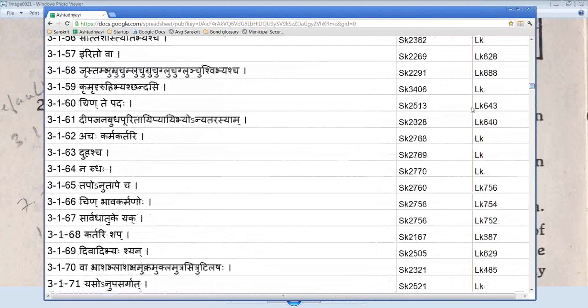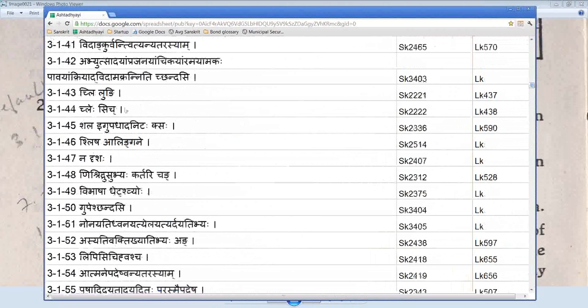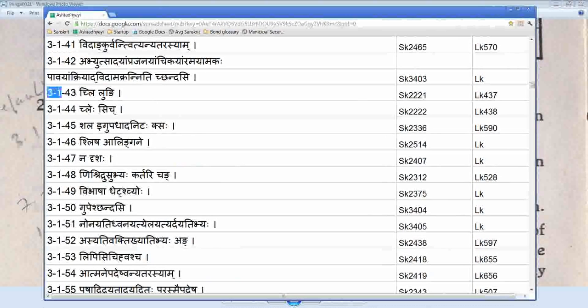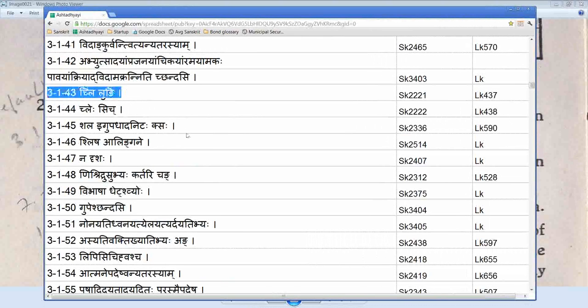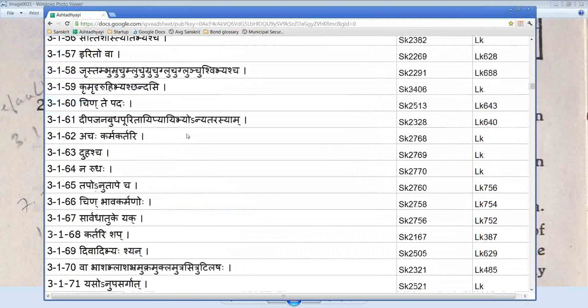Okay, so here in the Ashtadhyayi, from this sutram Chili Lungi to Chile Sich, from here, Chilungi, up to right before the Sarvadhatuke Yak, up to that point are all these various forms in the Lung Lakara, up to Chin Bhava Karmanoho.